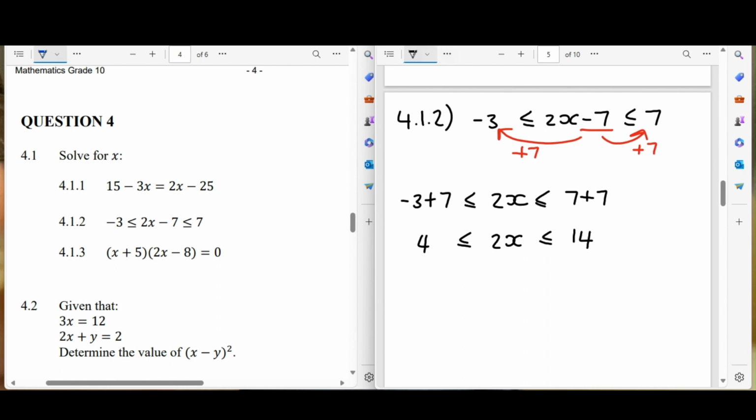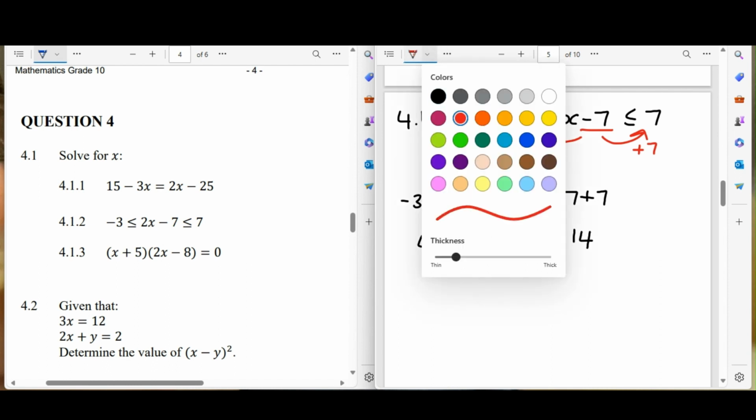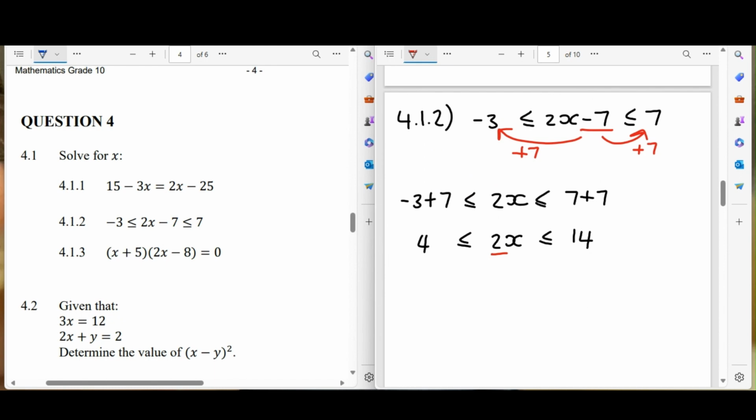Okay, we're nearly there. X is nearly by itself, but we still need to get rid of that 2 in front of it. Remember, I am timesing it by 2 at the moment. So if I take it across, it means I'm going to be dividing by 2, because that's the opposite of multiplying. So what we are going to have is 4 divided by 2, x by itself, and then 14 divided by 2.